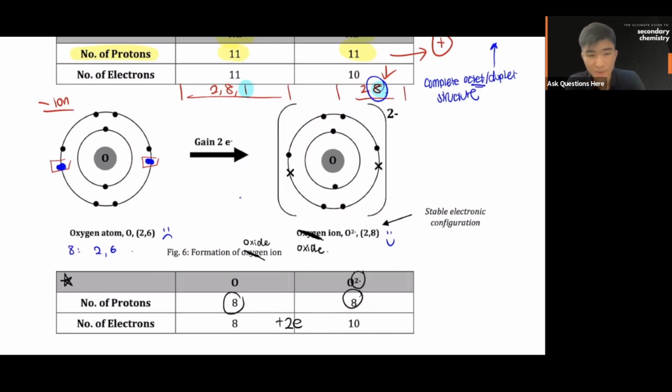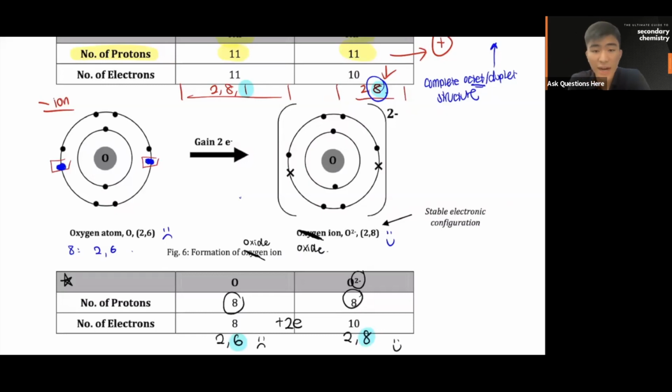Okay? So this is how I write the notation for the oxide ion configuration. Once again, I want you to take note. If I were to write the electronic configuration, it was 2, 6, and this one is 2, 8. From 6 it is not happy, 2, 8 is very happy.